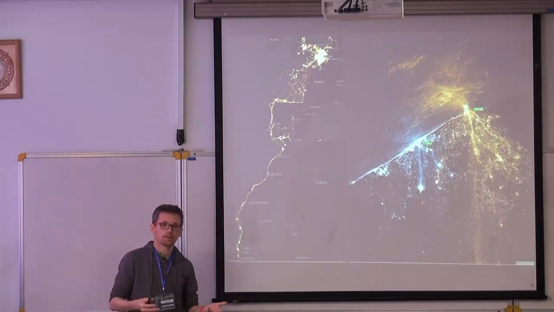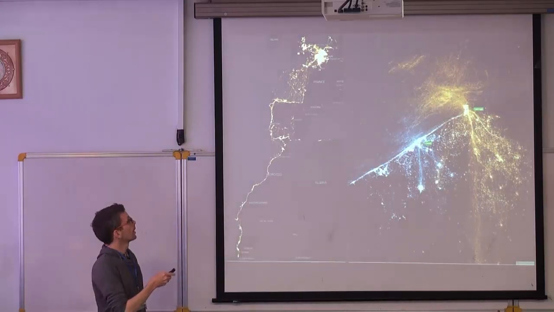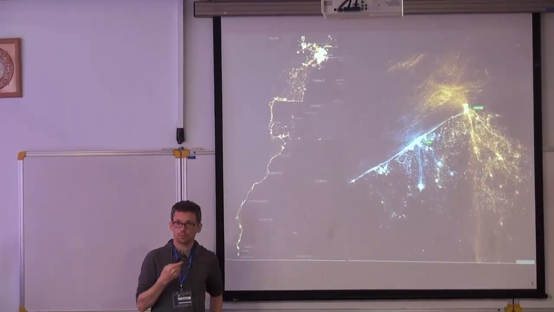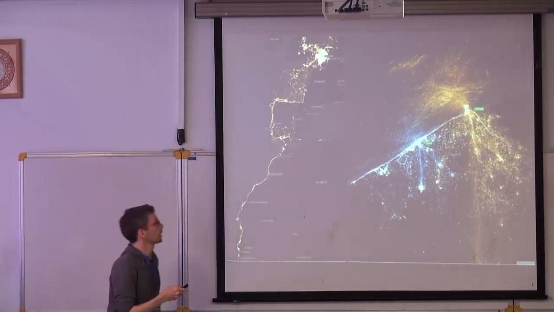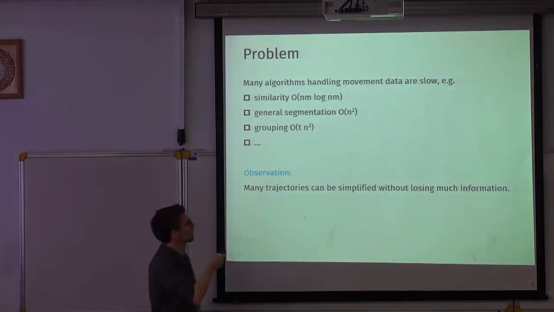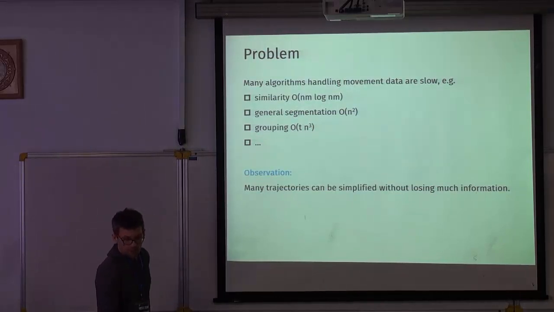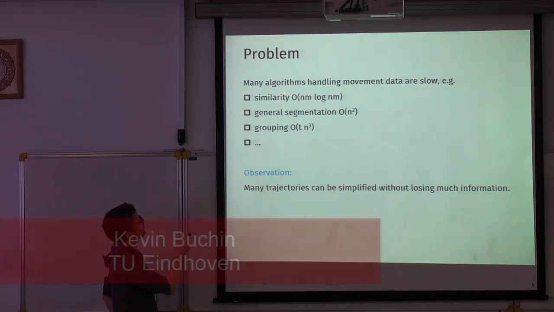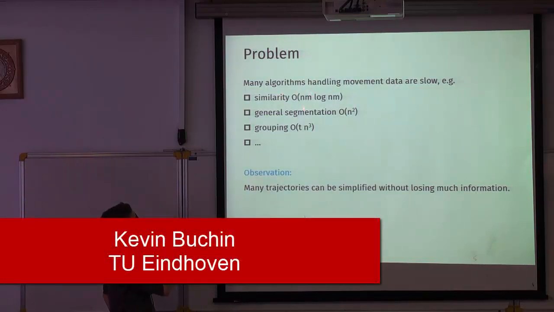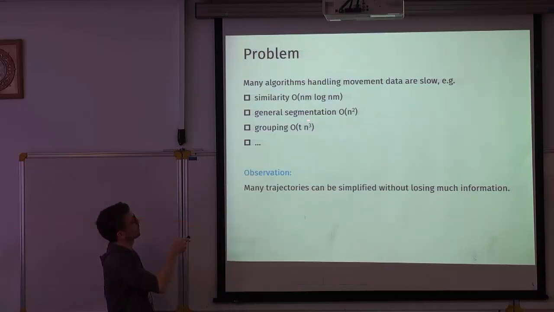Typically the data sets that we need to deal with are very large. And on the other side, if we look at the type of algorithms that we want to run on these data sets, similarity we saw yesterday, and the other analysis tasks we'll see in the upcoming days, then looking at the running times, similarity is quadratic, segmentation, breaking trajectories into pieces, at least in general, is also quadratic.